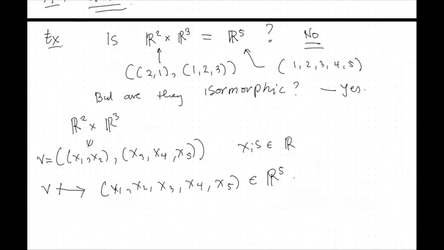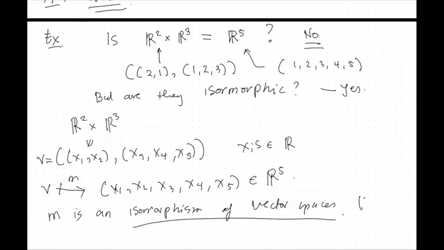This is this map here, say M. M is an isomorphism of vector spaces.